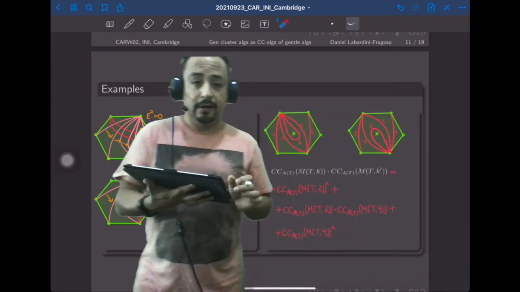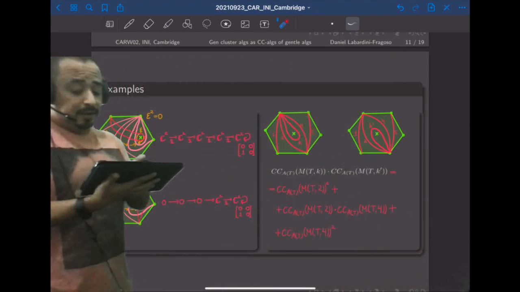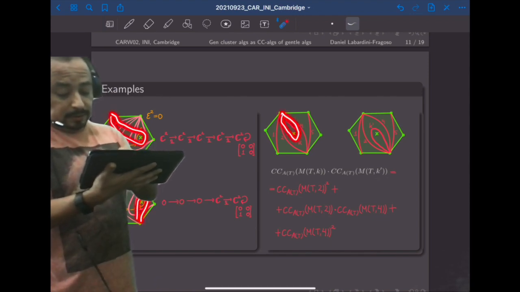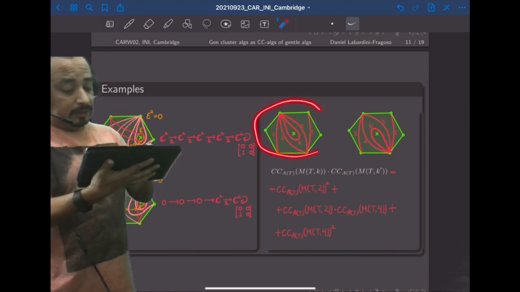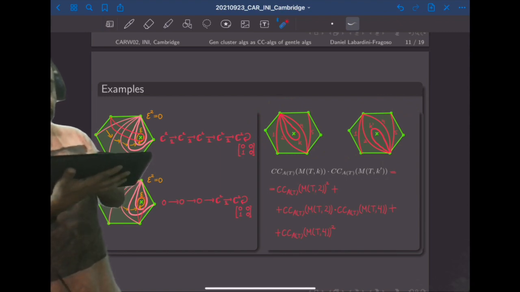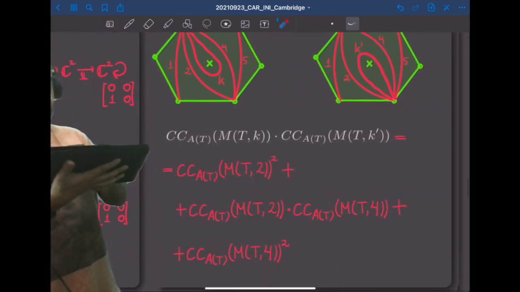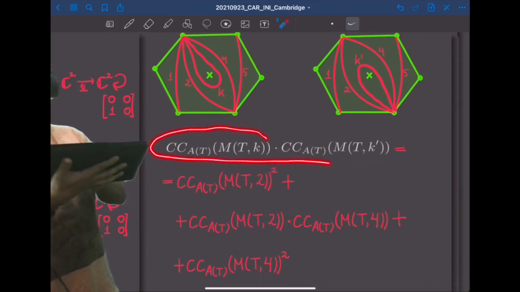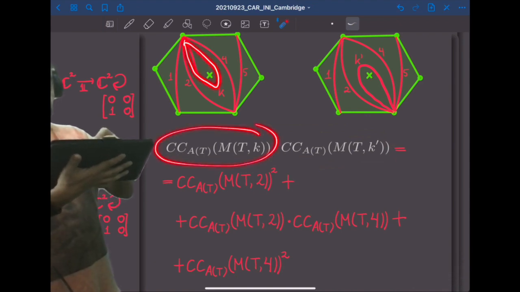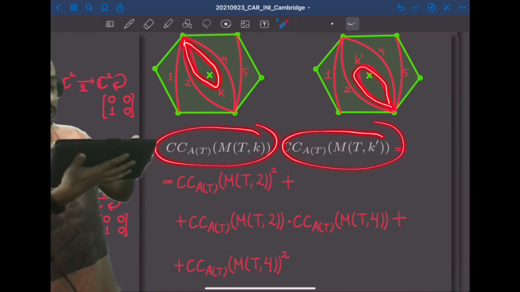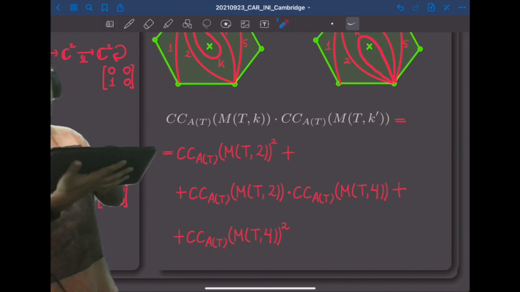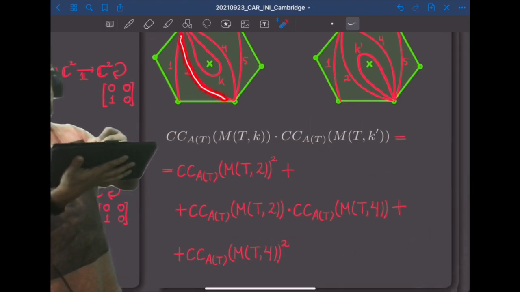Yeah, so I really have to learn how to move around. So you see, this one is here, and this one is here, right? And the two triangulations I picked are related precisely by that flip. What one computes is that this product of Caldero-Chapoton functions, the old one times the new one, is precisely this, which is the Chekhov-Shapiro polynomial evaluated in this arc and this arc.